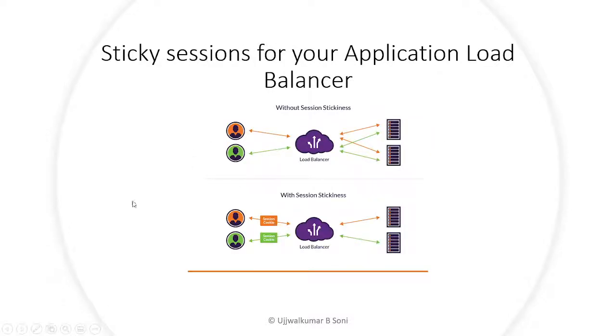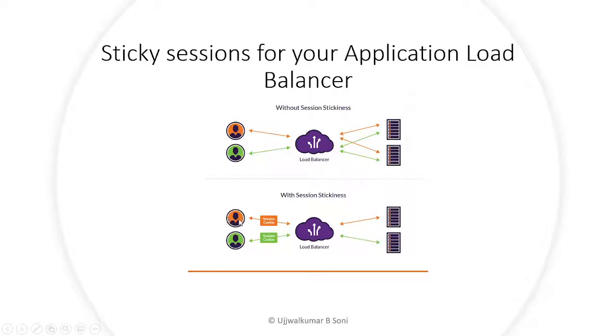These are the two use cases, one without session stickiness and one with session stickiness. As you can see, if a user is requesting the load balancer, then the load balancer makes requests to random EC2 instances or random targets, whereas with session stickiness, it sticks to a particular target.